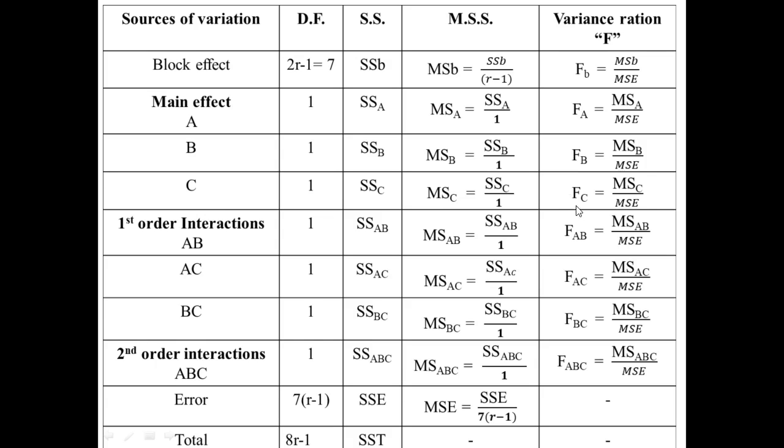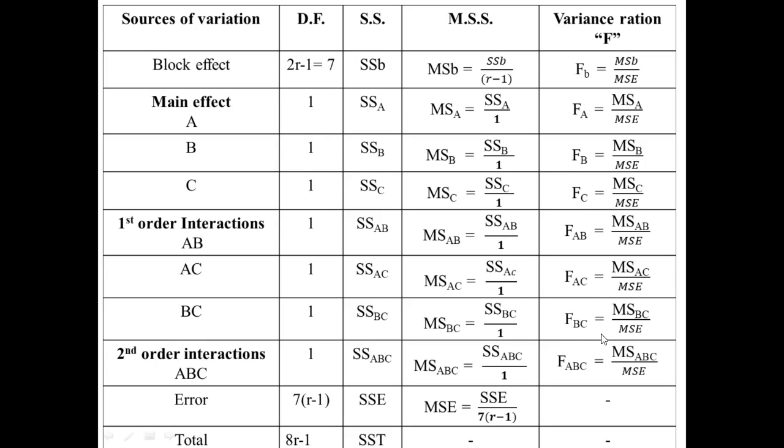If FC is greater than critical value, then we reject our hypothesis H naught C. Then for interaction effect AB, if FAB is greater than critical value, then we reject hypothesis H naught AB, that is interaction effect AB is significant. Then if FAC is greater than critical value, then we reject our hypothesis H naught AC.